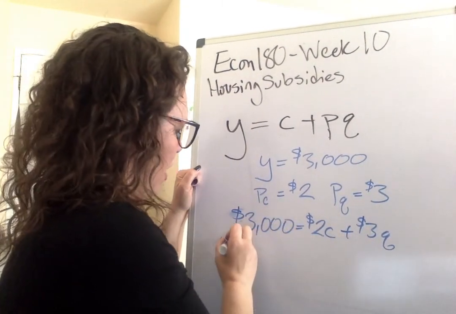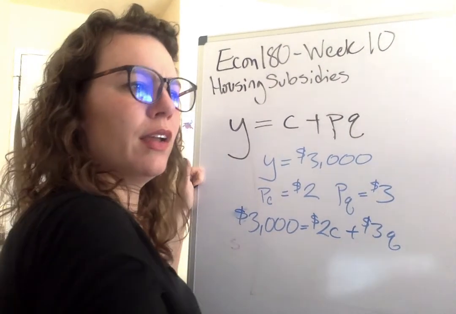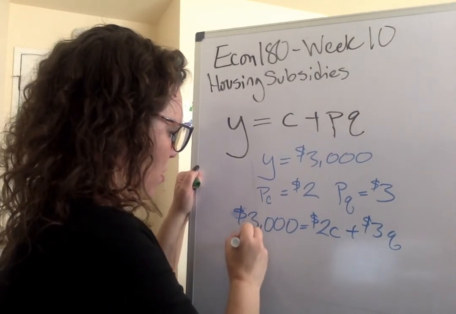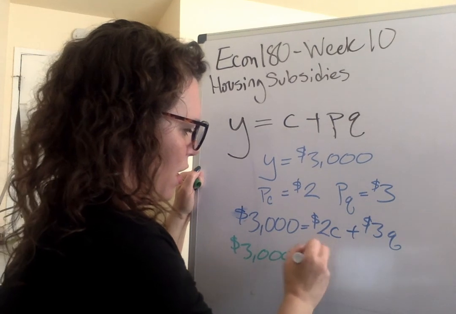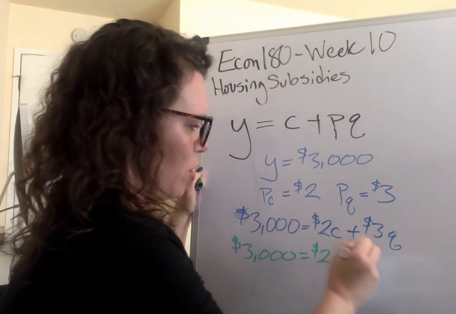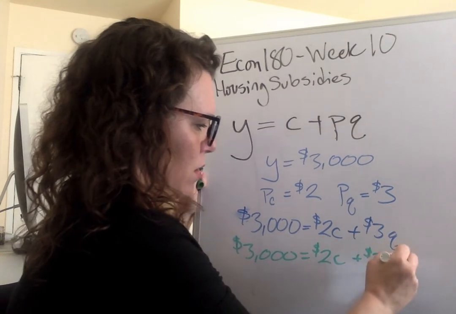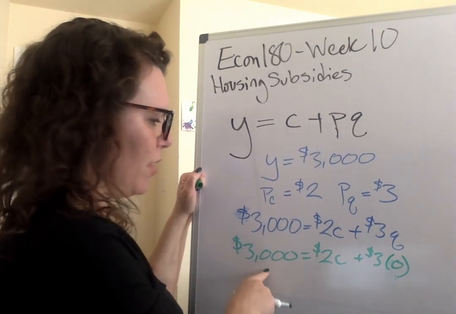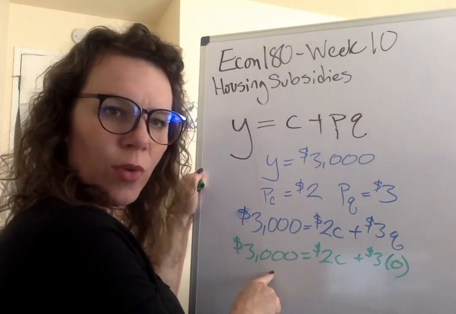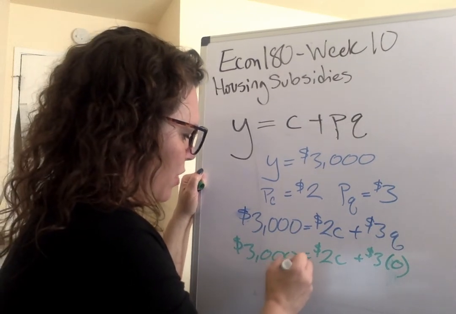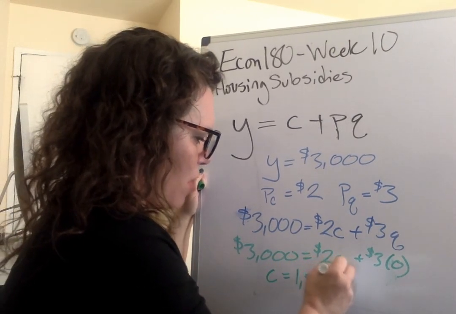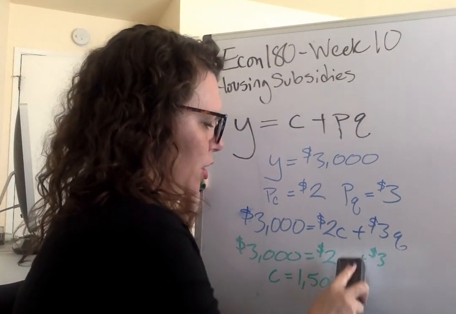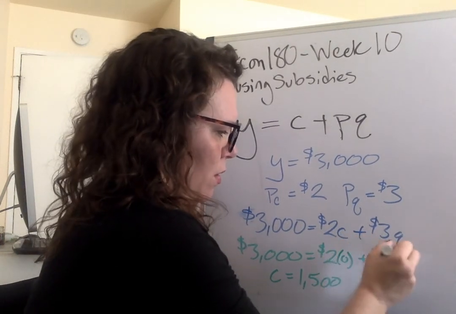If I spent all $3,000 on everything else and consumed no housing, I'm just going to spend $3,000 on C, which costs $2, so it's 3,000 divided by 2. I would consume C equal to 1,500 units of C.